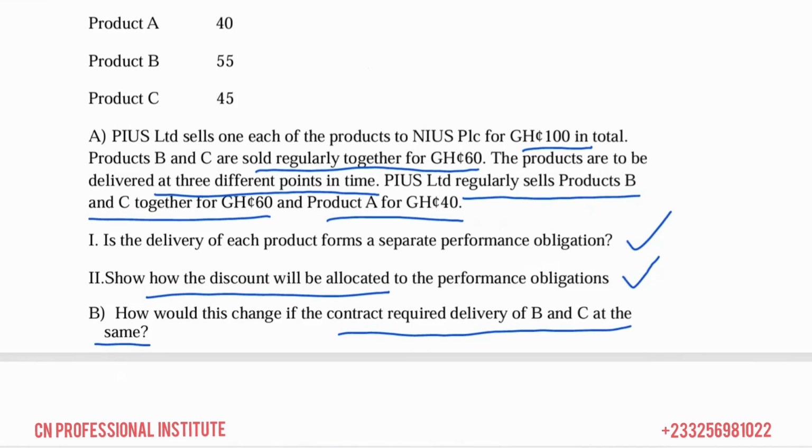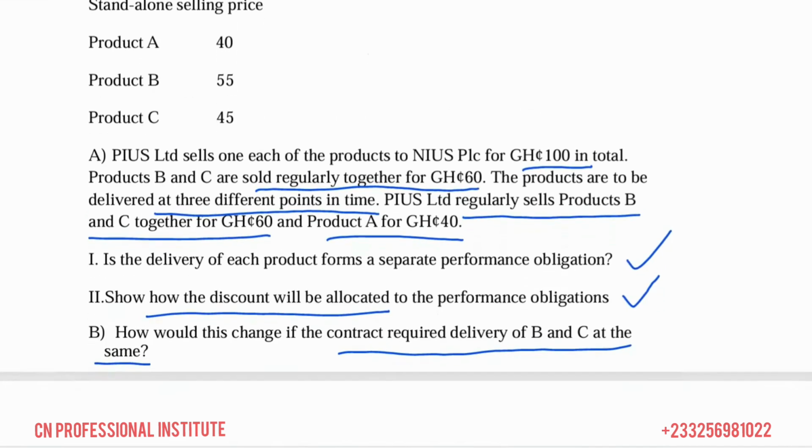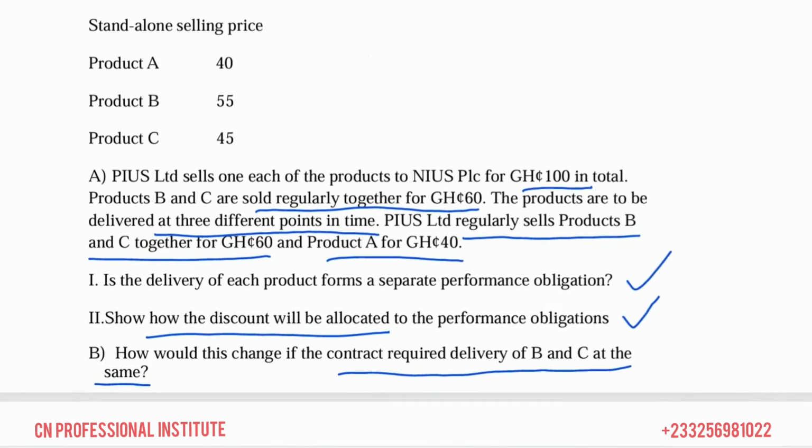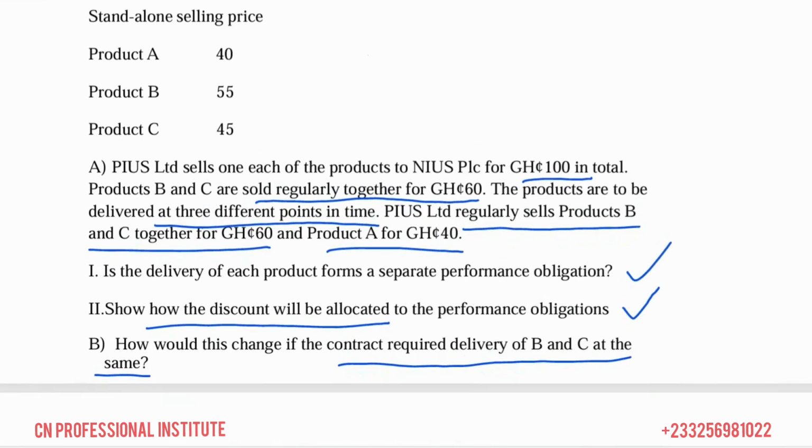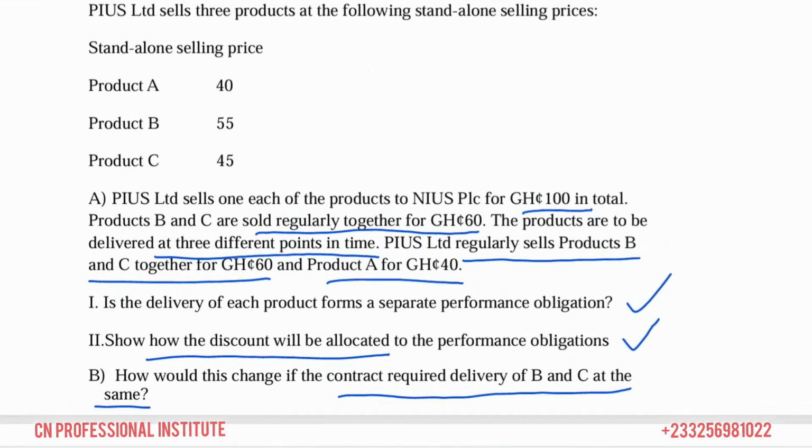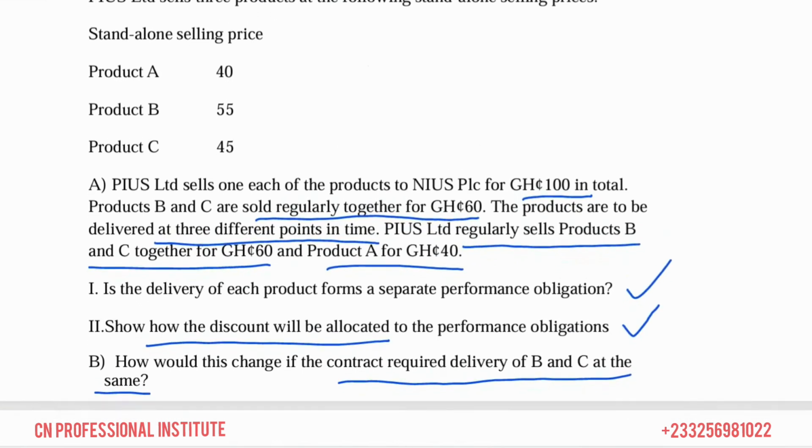So once again, let's answer the I. Is the delivery of A, B, and C, does each of them form a separate performance obligation? Here, look at something. We're told that products B and C are sold together for 60. And we are also told that the products are delivered at 3 different points in time.